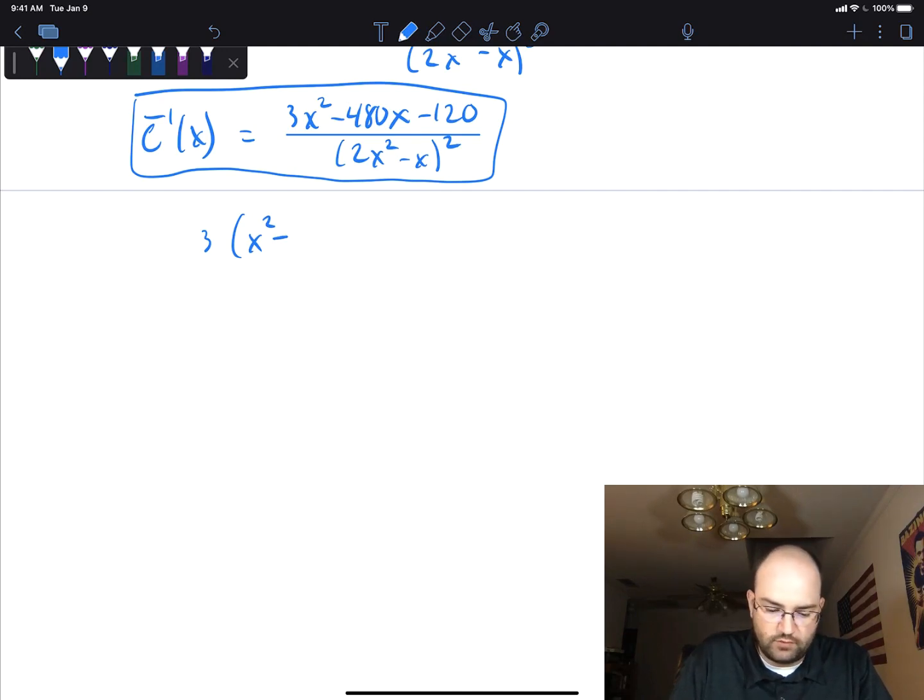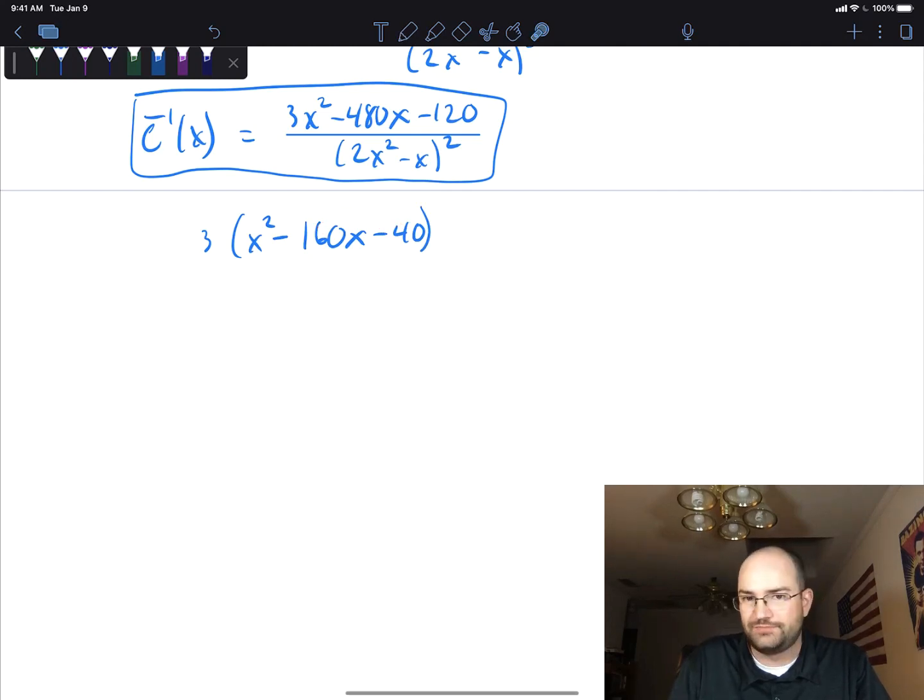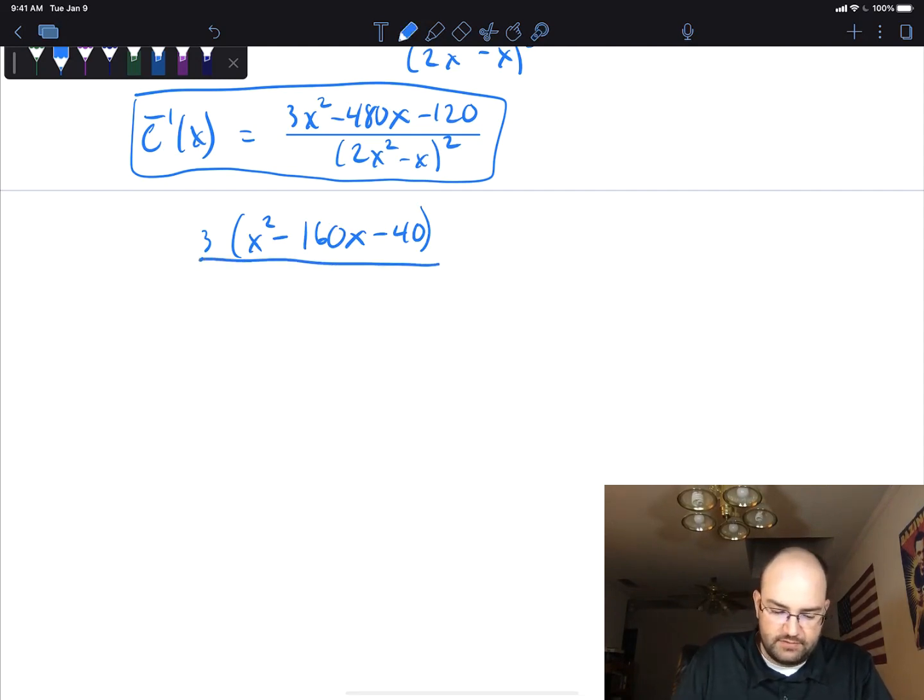Well, 3 goes into 4 once, 1 remainder, 18, 6, there you go. So negative 160x minus, 3 goes into 120 how many times? Well, that would be 40. Does anything multiply to 40 and have a difference of 160? Well, no, it doesn't. And so as a result, nothing will cancel. This can't be factored.